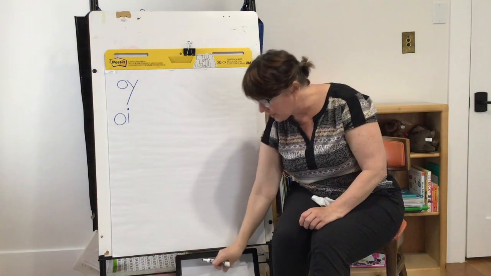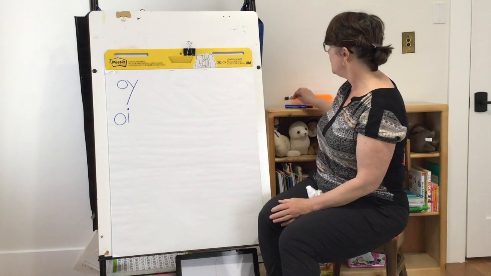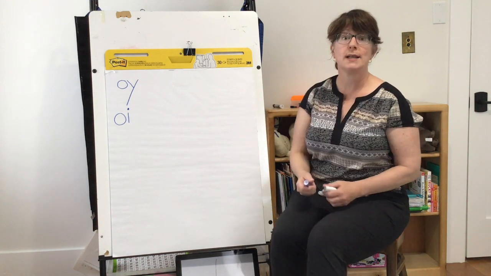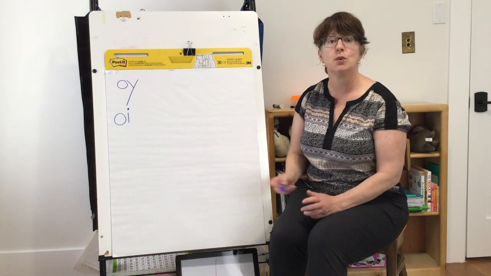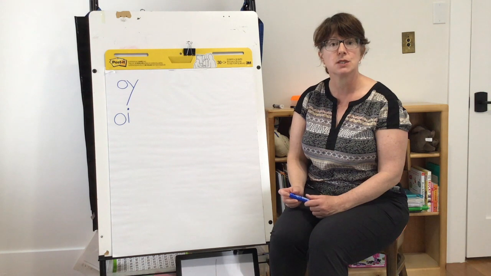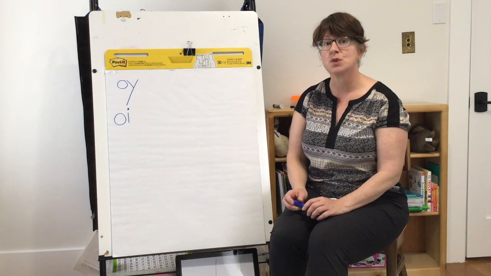We're going to practice some of the words that we just wrote, and we're going to write a sentence. We usually end our word study with a dictation, and a dictation is when you dictate a sentence to the students, give them time to write it.